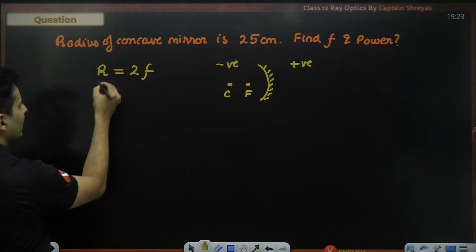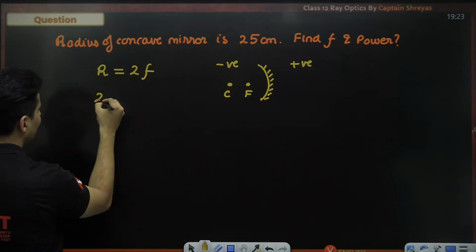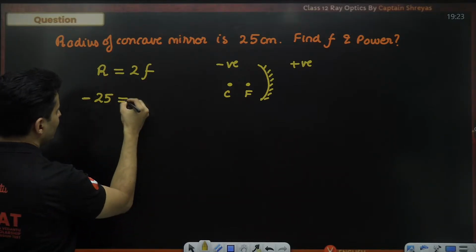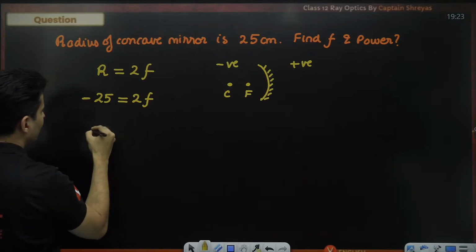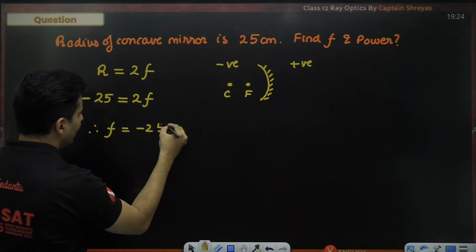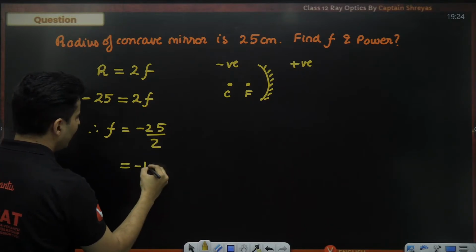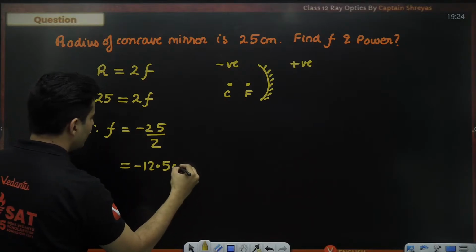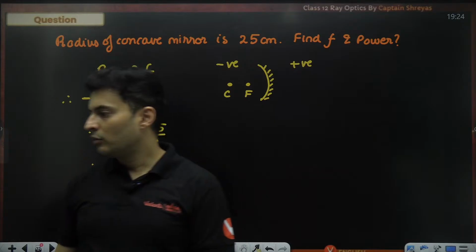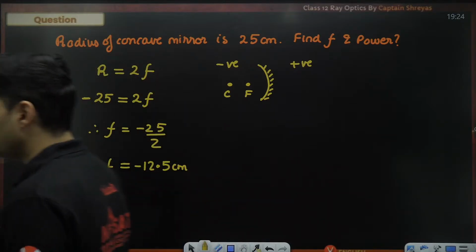So technically speaking, the radius is not 25, it is negative 25. A lot of people make this mistake. So this is nothing but 2 into f. Therefore, our focal length is minus 25 by 2, which is minus 12.5 centimeters. Is that absolutely clear?